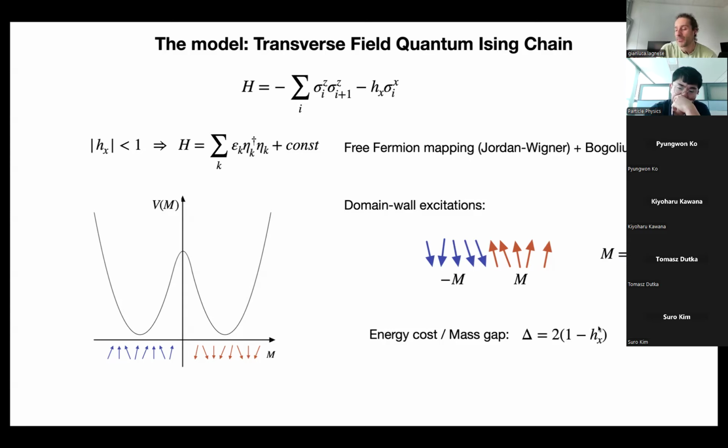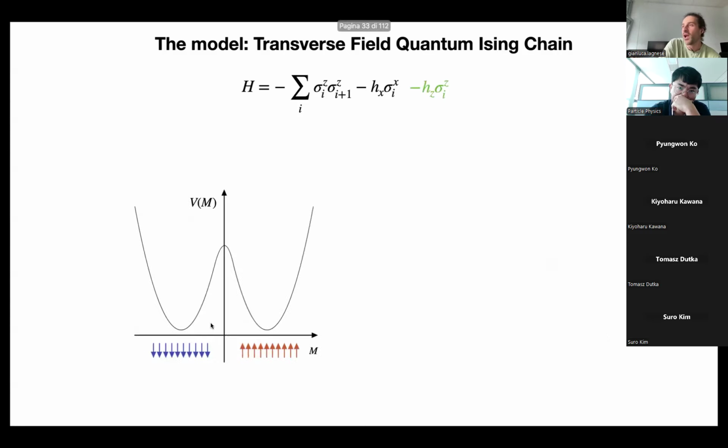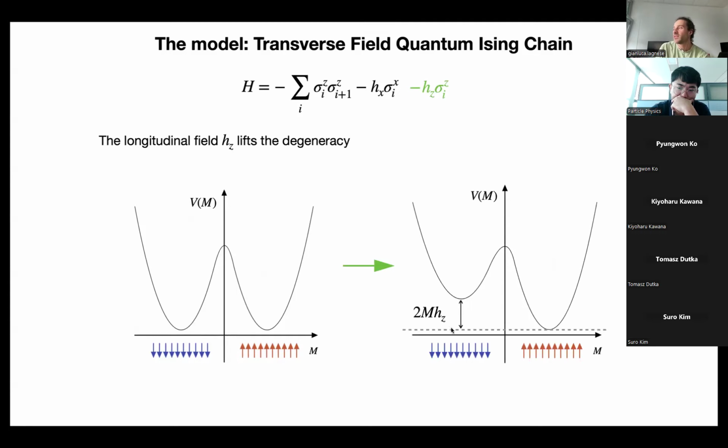So this picture that I showed you, in principle works only in the small transverse field limit, but it is still very useful to guide our intuition. But now what we want to do is add this longitudinal field. The effect of this longitudinal field is that you break the symmetry between the two ground states, and you introduce a finite energy density between them.